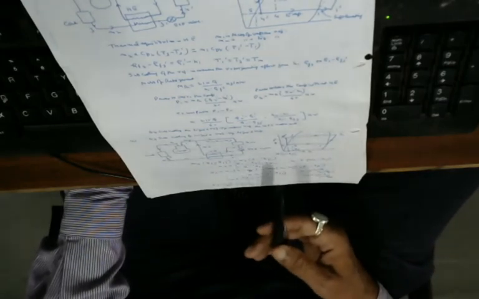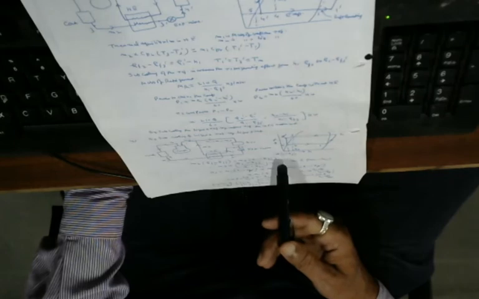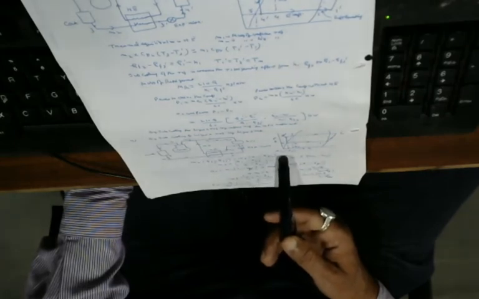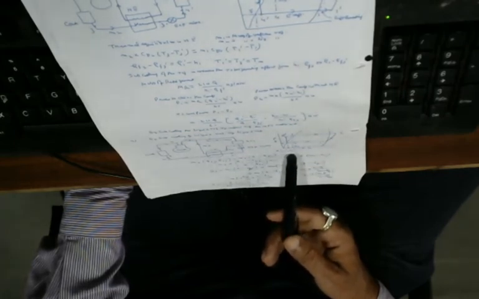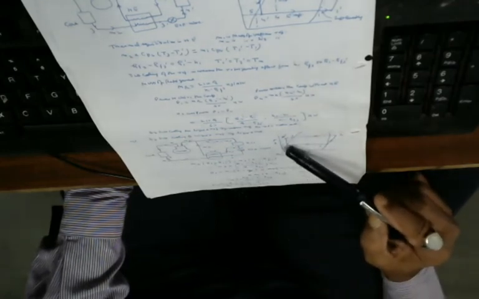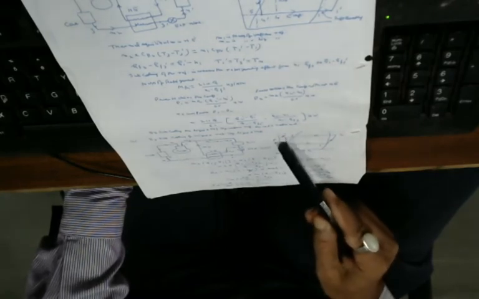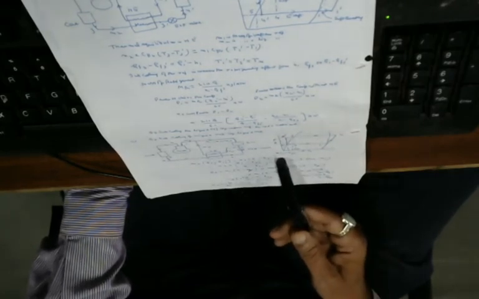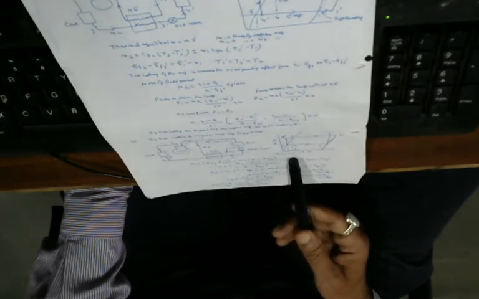Now HF3 is equal to HF3 dash is equal to HF4 dash, liquid. Here it is complete liquid, here also it is liquid, and it is at constant enthalpy. So HF3 dash is equal to HF4 dash.